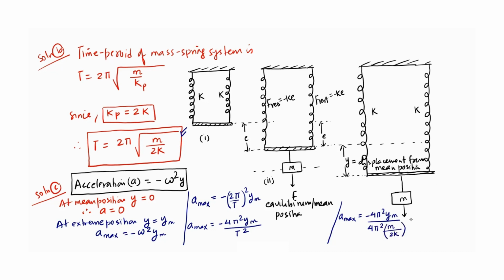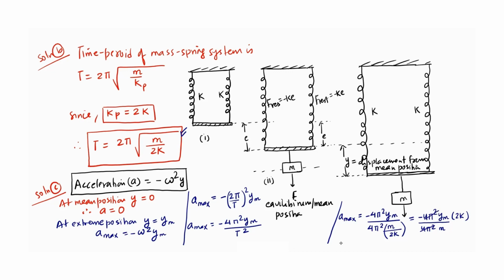So on simplification, we get minus 4 pi square ym divided by 4 pi square m, and 2k will move up to the numerator. So this cancels out.